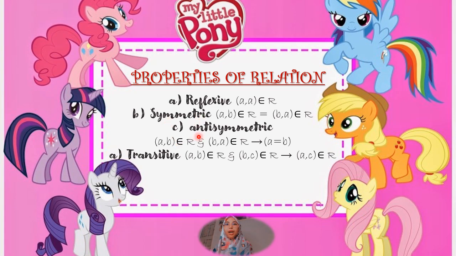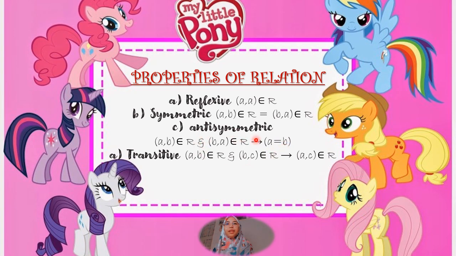The third one, antisymmetry. Be careful, antisymmetry does not mean unsymmetric, but the condition is (a, b) element of R and (b, a) element of R, then a equals b. Must have "and" here.